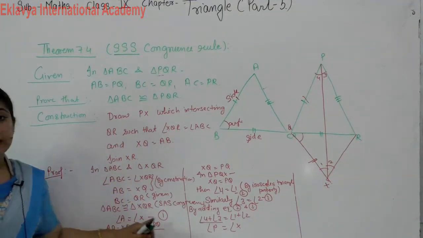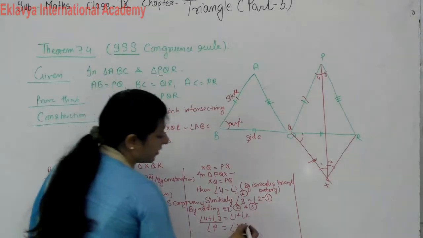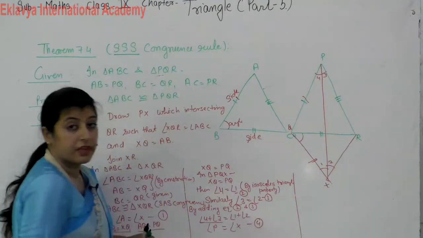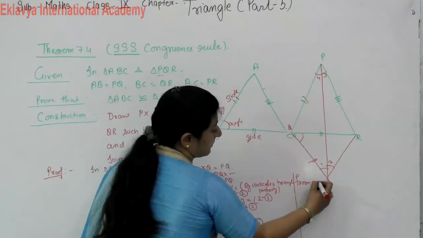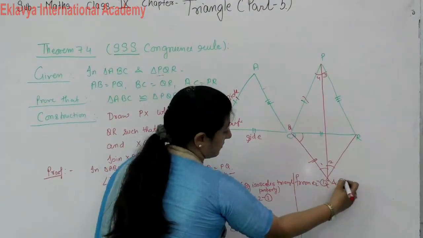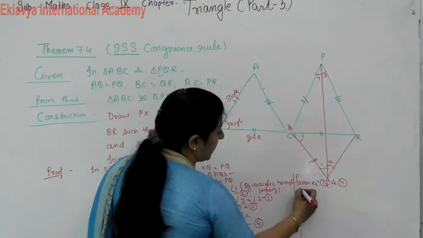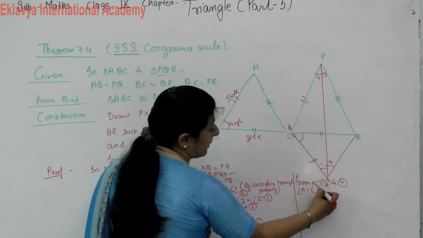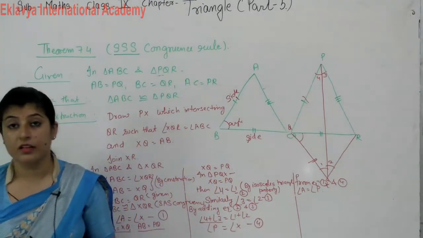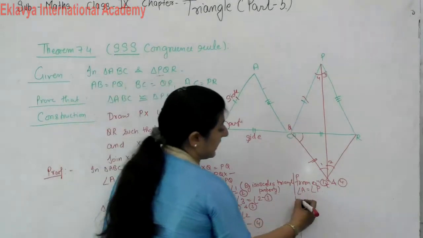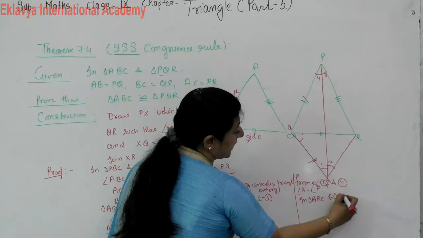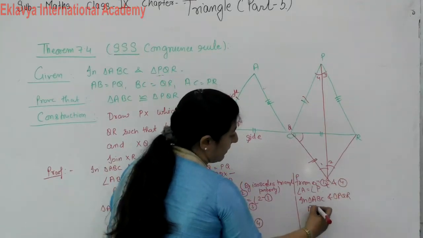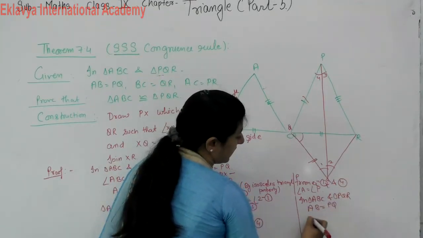First equation, angle A is equal to angle X. We write down this one as the fourth equation. Then from equation first and fourth, we can write down angle A is equal to angle P. Now see, in triangle ABC and triangle PQR, AB is equal to PQ, given.